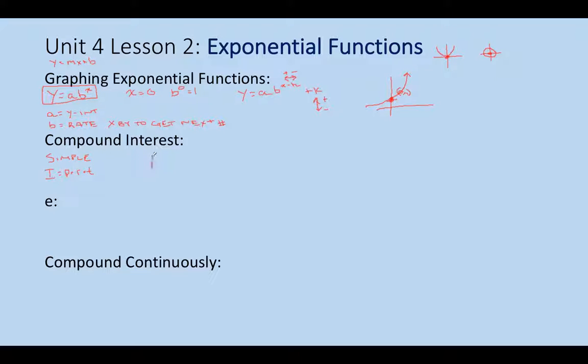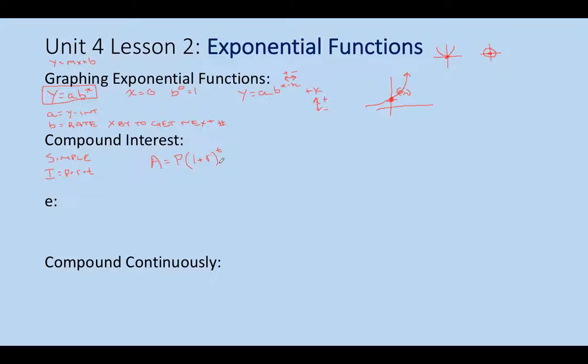And so the amount, or the final amount that you're going to have in your account, not the interest, but the final amount, including the interest, is the principal, the amount that you started with, times 1 plus the rate times time.